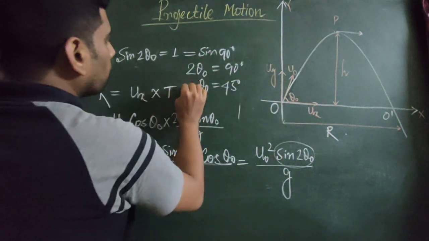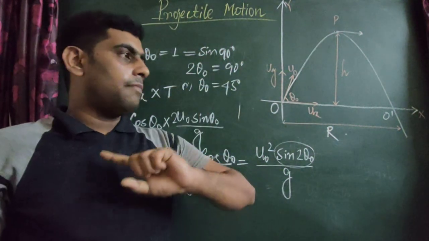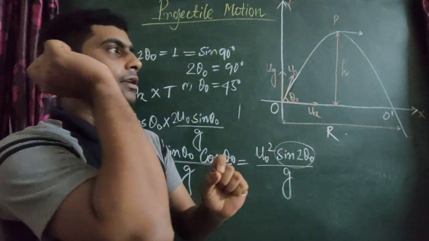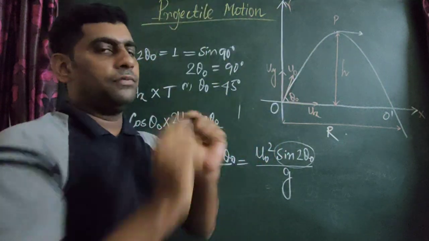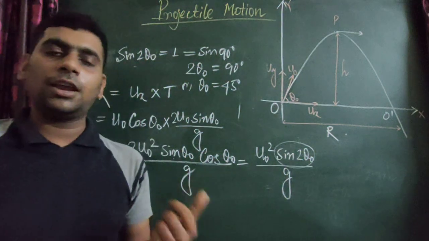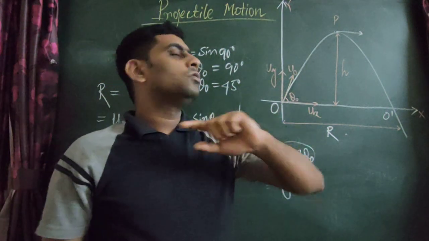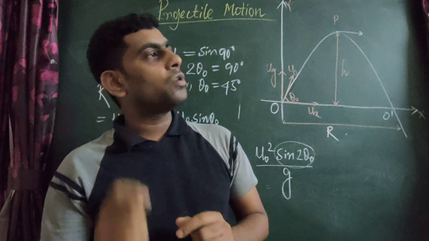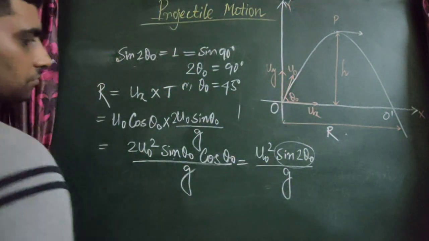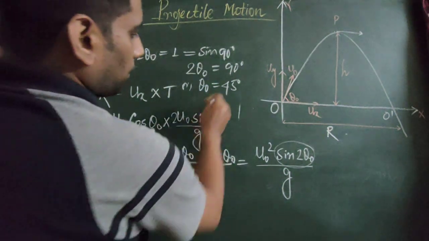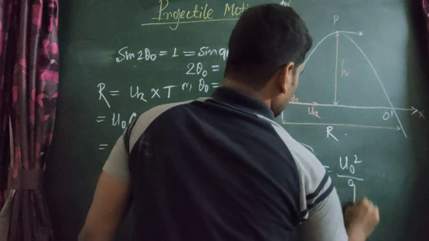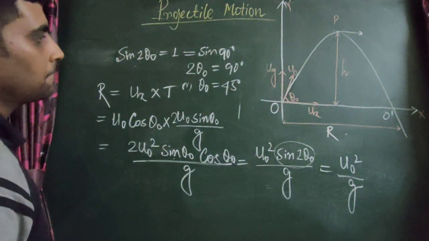That means if you want to cover the maximum horizontal distance, you have to throw the object at an angle of 45 degrees with the horizontal. If you are fielding in a cricket field and want to throw a ball to the maximum horizontal distance, throw it at 45 degrees. Then the maximum horizontal range will be u0 square by g.